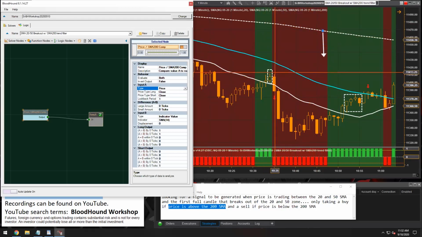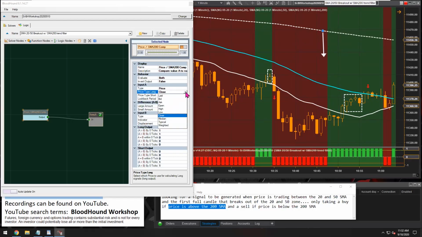That tells us that the entire bar is below the SMA 200, as opposed to using the closing price. If we use the closing price, it's theoretically possible that part of the bar could be above the SMA 200 and still generate a short signal. So we'll make sure that the entire bar is below the SMA 200. I'll take the conservative approach here.